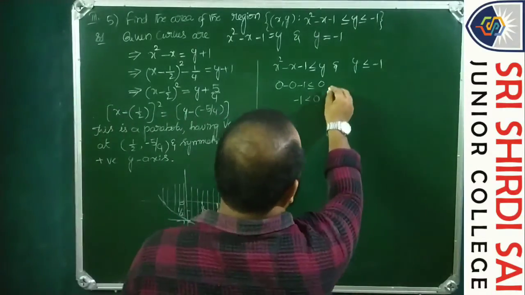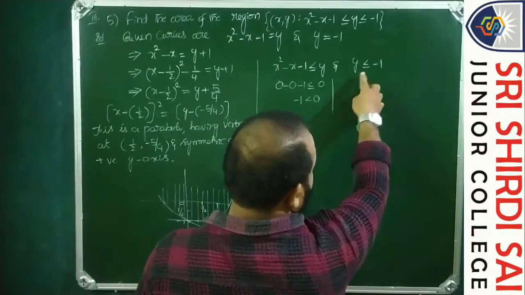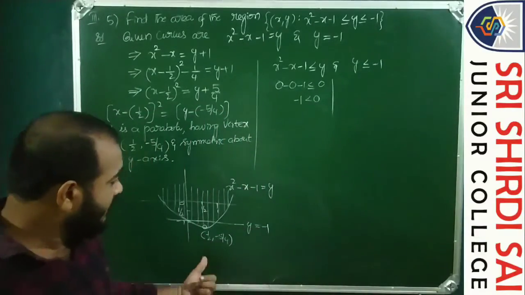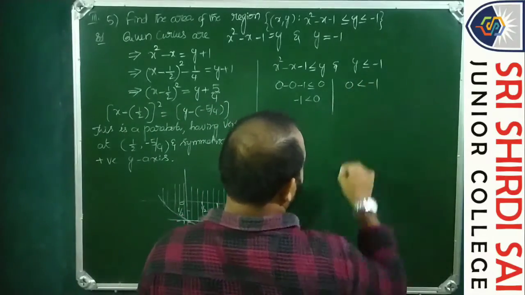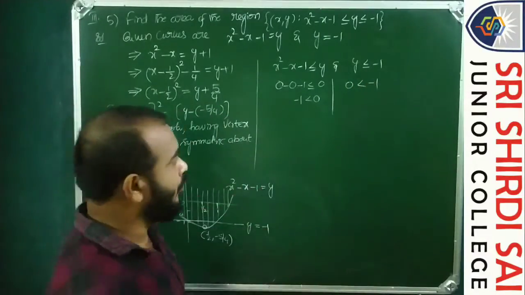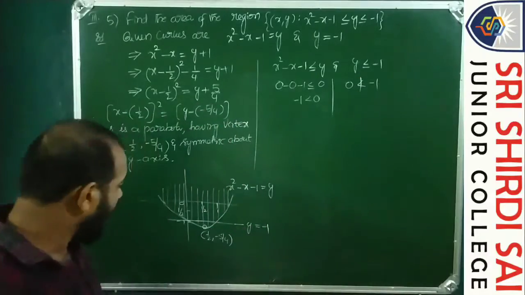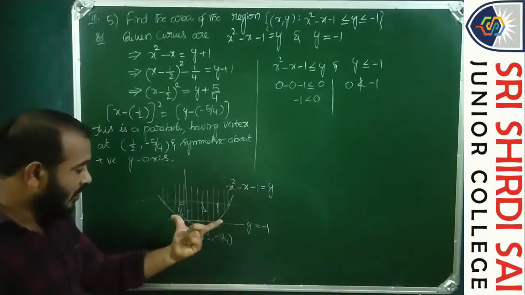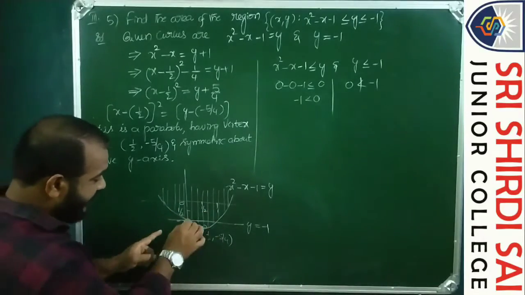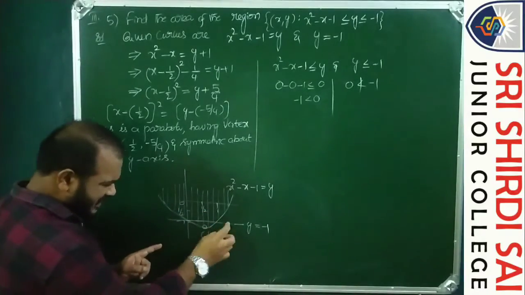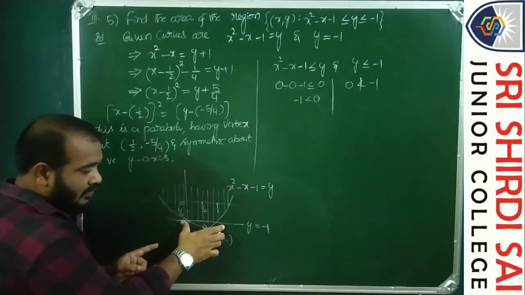And so here y less than or equals to minus 1. Again take 0, 0. So 0 less than or equals to minus 1. How is it possible? No. Therefore, the origin will not follow this line. So this is y is equals to minus 1.